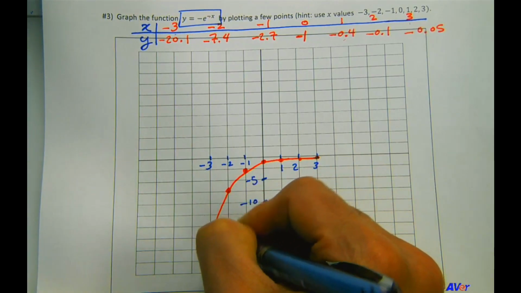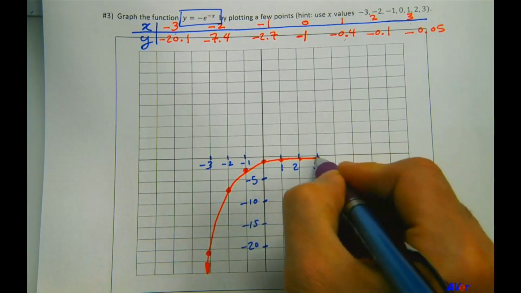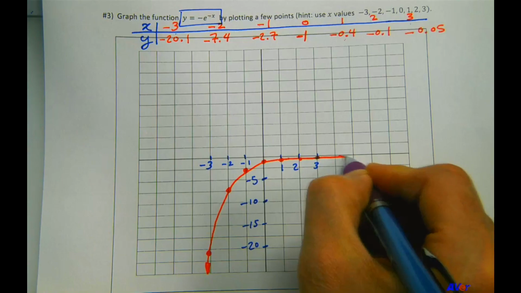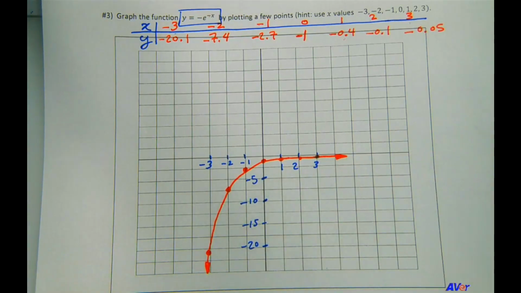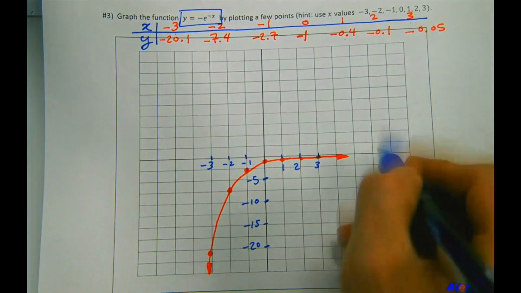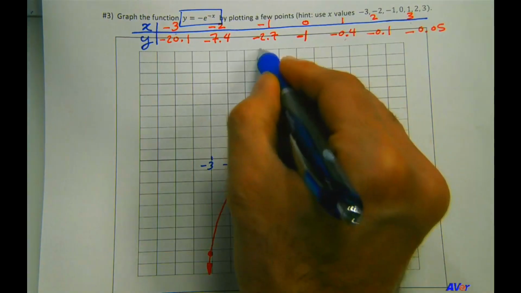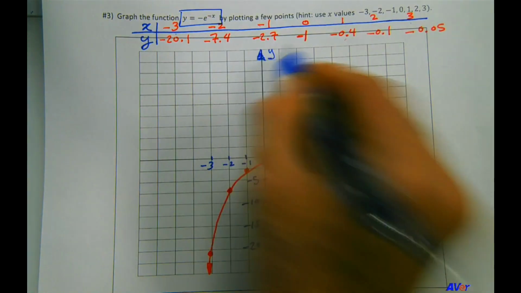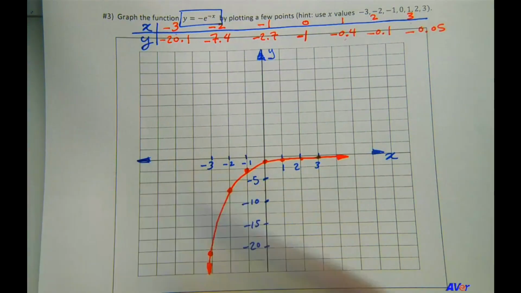Like that. Okay, so you do have this asymptotic behavior along the x-axis. Like that.